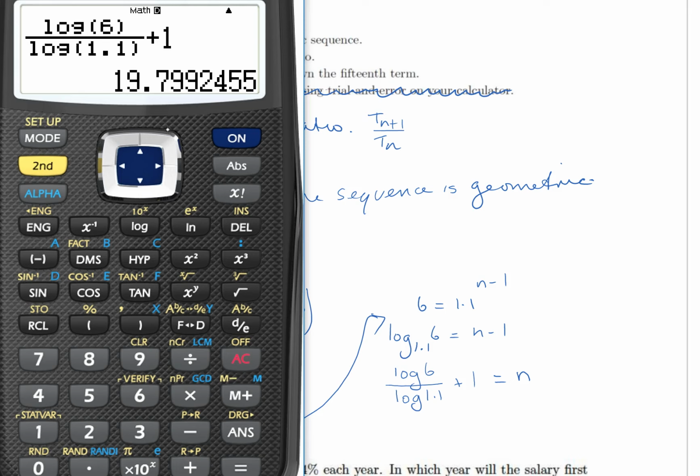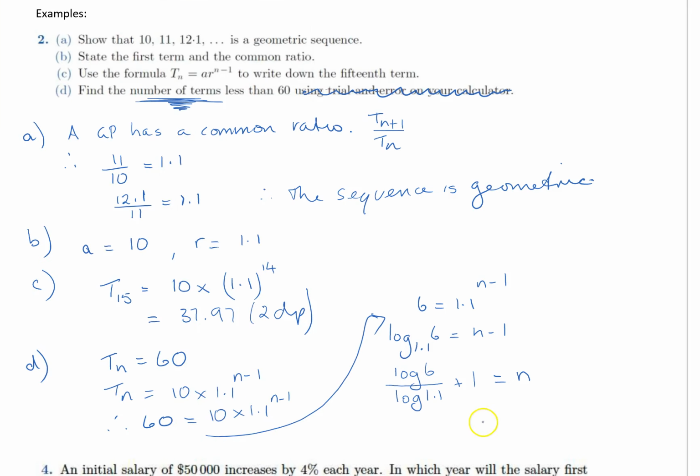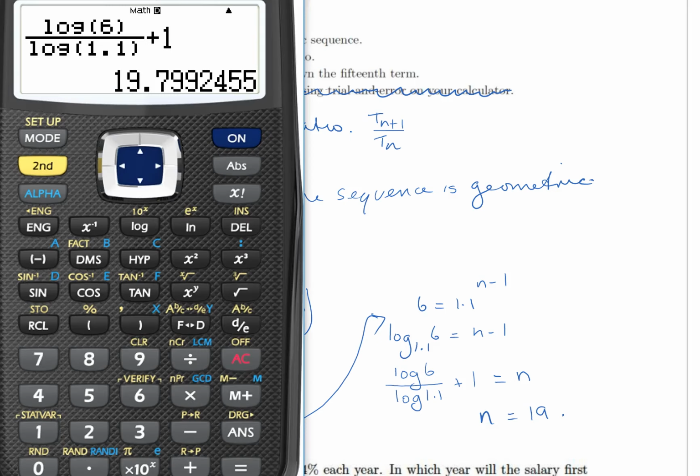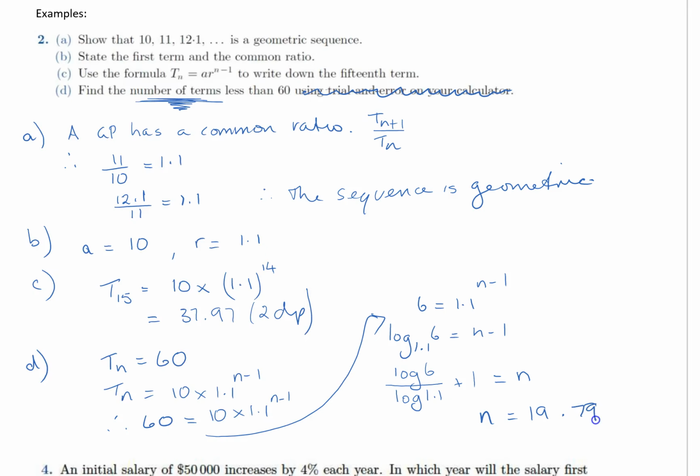We never talk about the 19.799th term. We either talk about the 19th term or the 20th term. So we've got that n is equal to 19.79. So how do we interpret that? We say that the 19th term was obviously something less than 60.